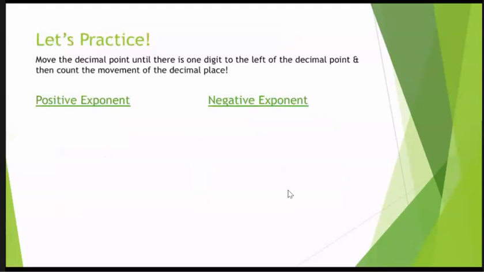So here's some more general examples. If we have a positive exponent, such as 598,000, I want my decimal place here. To get there, I need to move 5 decimal places to the left, so it's positive 5. If I want to convert the number 481 into scientific notation, I want my decimal place here, where there's one number to the left of the decimal place, which means I have to move 2 decimal places to the left, a positive 2.